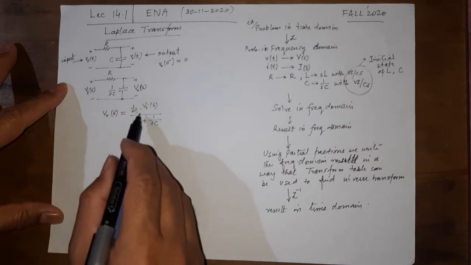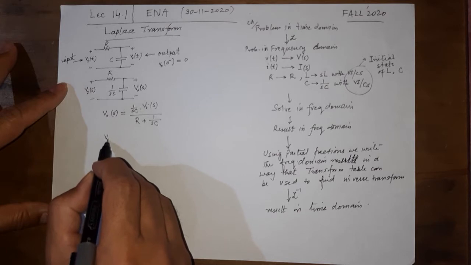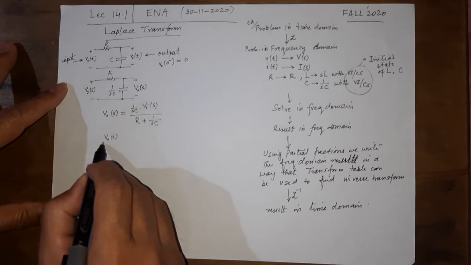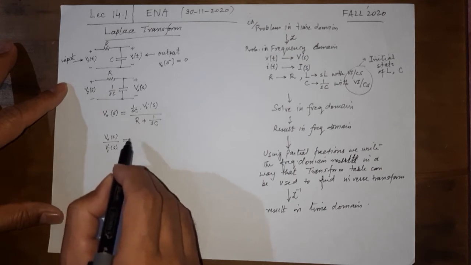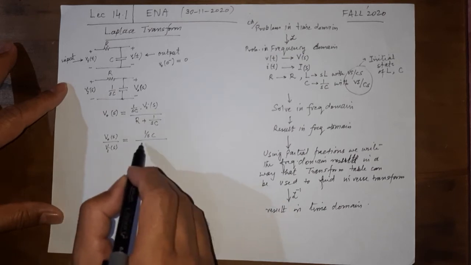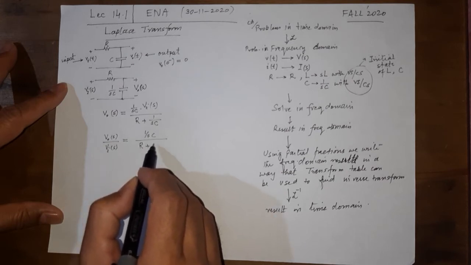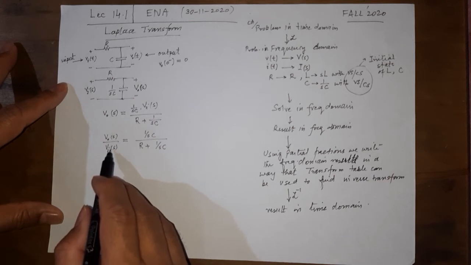However, if we just write this ratio of the output to the input, we get something that is independent of what the input is.